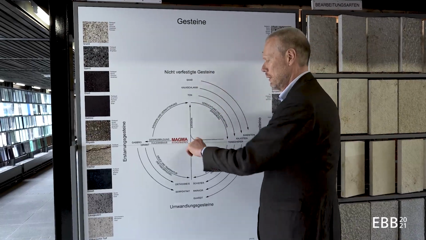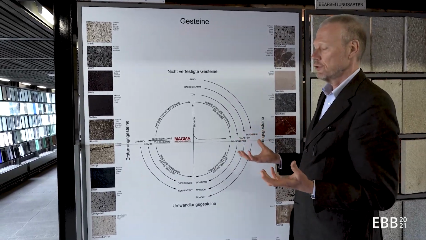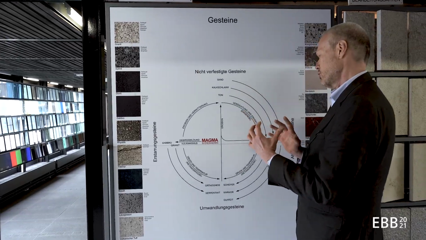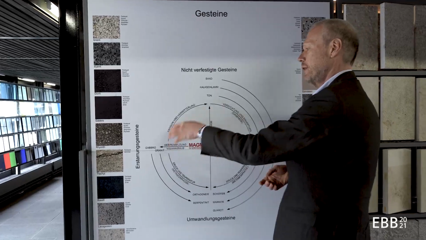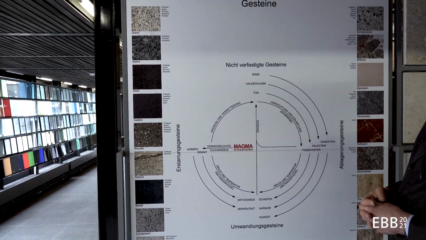Natural stone is derived from magma getting to the surface. Then you have different processes, densification and hardening processes. Then you have erosion and weathering processes.